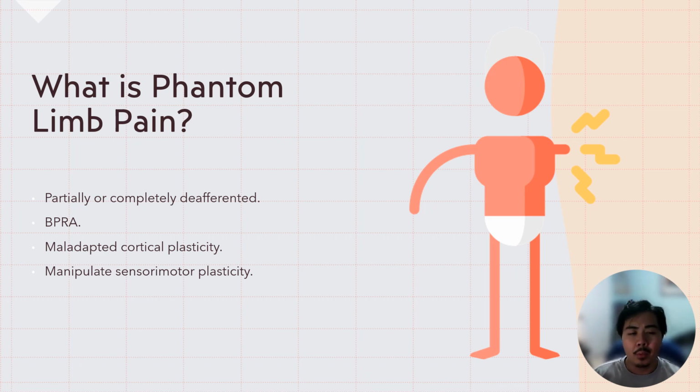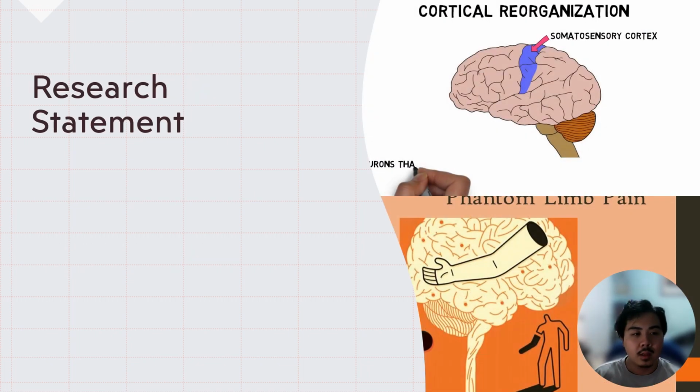This is particularly important because the authors note that there have been recent studies showing conflicting evidence between phantom limb pain and maladaptive cortical reorganization. So, to confirm the link between the two, the authors aimed to directly manipulate the sensory motor plasticity. They believe that the BPRA is partly the result of the maladaptive cortical plasticity, and because of that, they can use what they call the brain-machine interface, BMI.